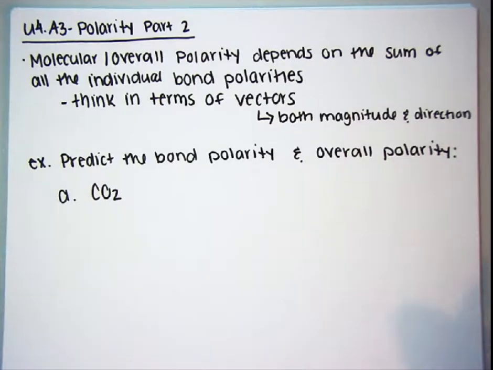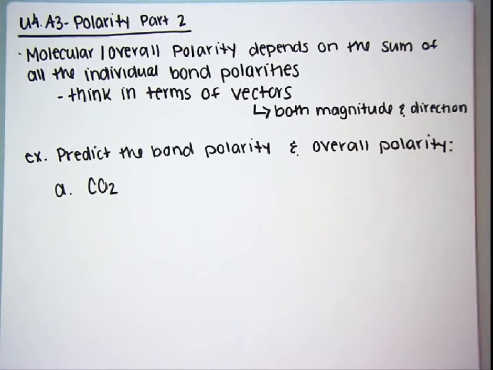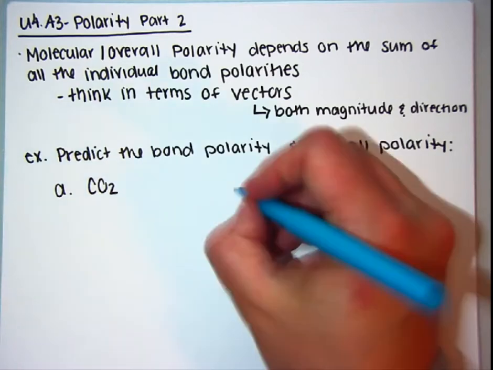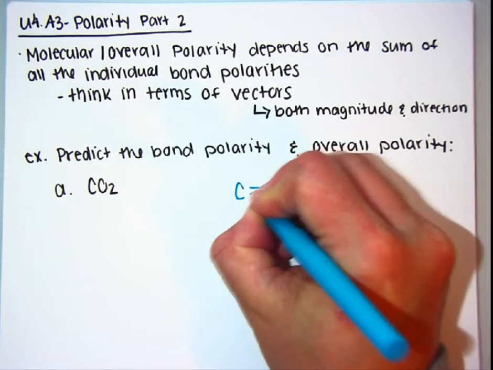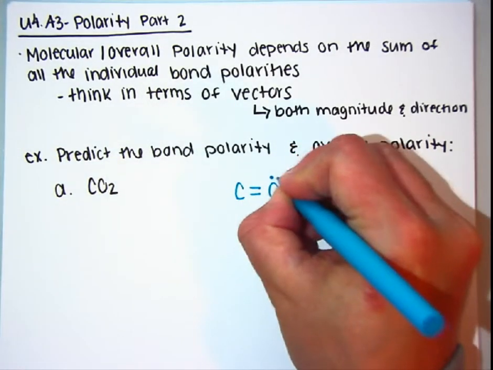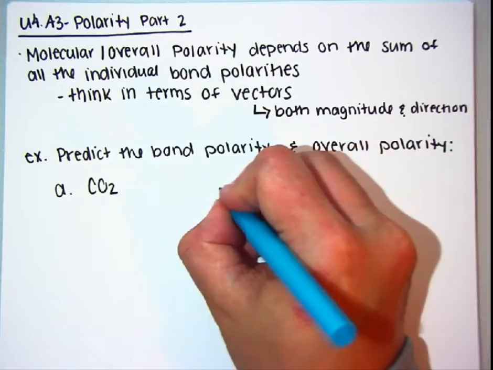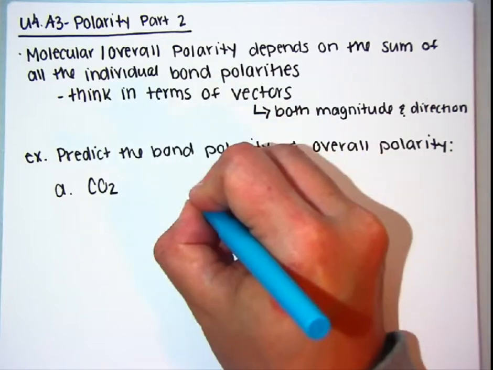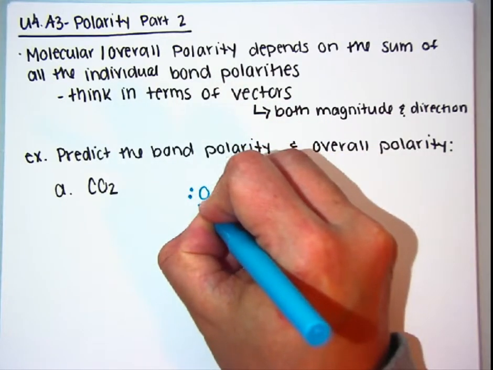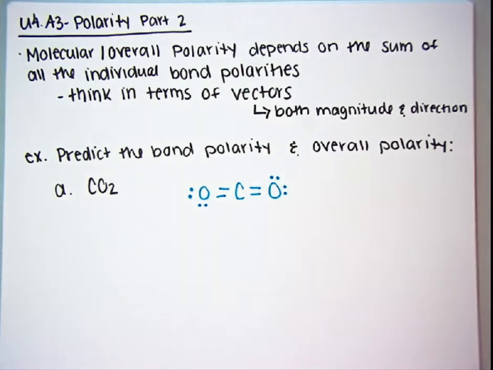I'm not going to go through the steps on how to draw the Lewis structure for carbon dioxide. We spent a lot of time working on Lewis structures. Carbon dioxide should look like this. We have two double bonded oxygens, and it is linear. If we were to do our VSEPR geometry, it is linear.